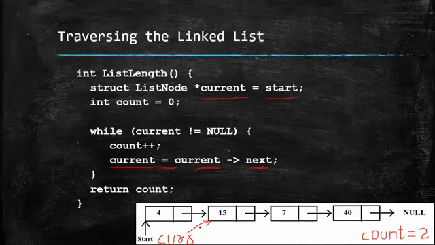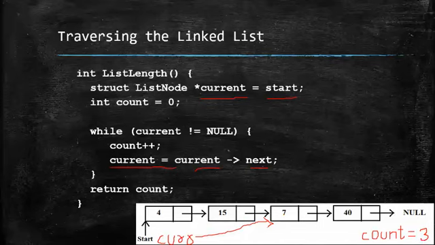The next of current is here, which is pointing to this element. So we have to disconnect this and make current start pointing to this element. Now again it checks whether current is not equal to null. Of course current is not equal to null, so we increment count, and count becomes 3.